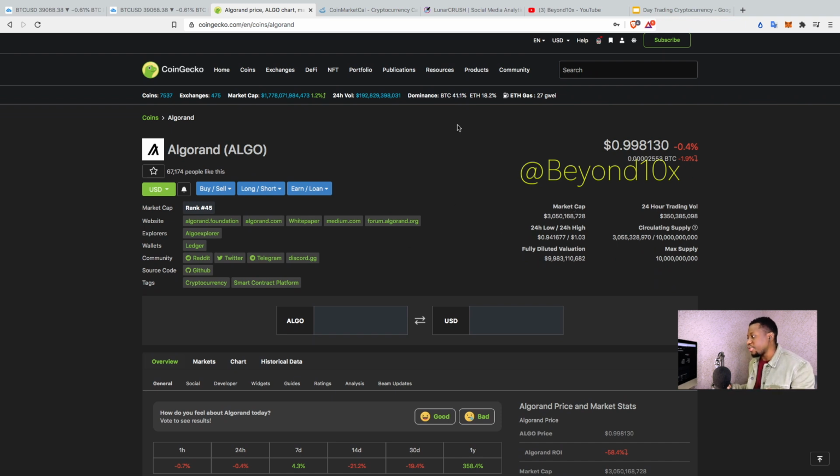If you find a coin which is way undervalued in terms of market capitalization, this can help you do your calculations and see the profit potential, because the more undervalued the market cap is, the more gains you are most likely going to get, because it is beginning to gain momentum.